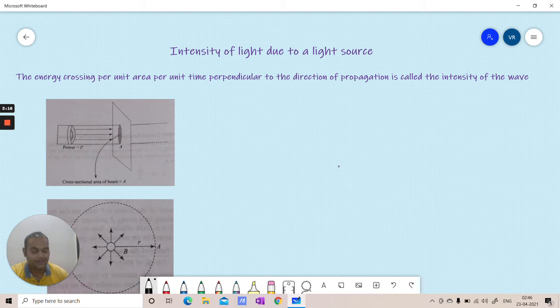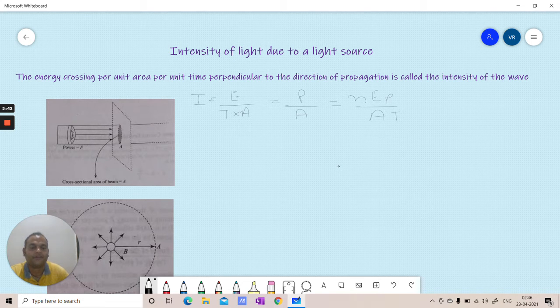And what is intensity? Intensity is energy by time into area. Now energy by time is power, so power upon area. That becomes intensity, right? Now power is n into energy of one photon upon time, in 1 second.